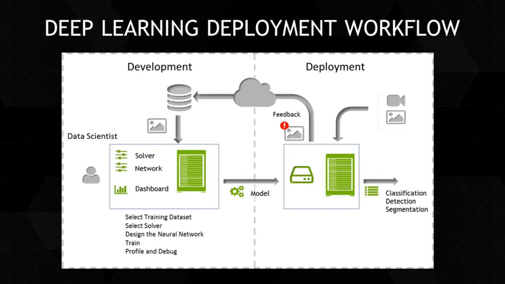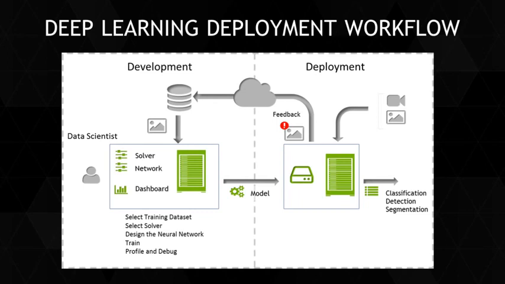And then there's a final aspect to this deployment workflow, which is that you typically have a feedback loop from your deployed production system, which passes back test cases, so images that the network perhaps classifies incorrectly, back into the data center for the data scientists to then refine the model and improve over time.